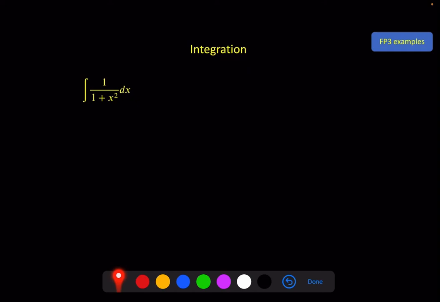So here, there are two elements to consider when choosing a substitution. The first is, what will make your expression here simpler? And in this case, we've got a couple of things that you might think. A 1 plus something squared, well, if we do a tan, let's say tan u squared, we know that that would change into a sec squared u.